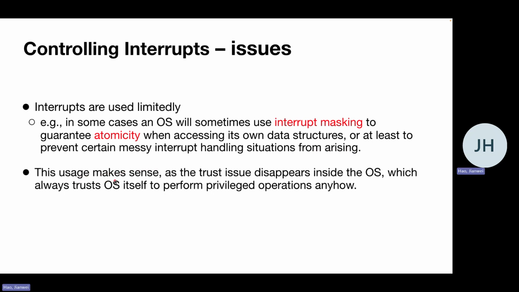This operation makes sense for the operating system because the trust issue disappears inside the operating system, since we always need to trust the operating system itself to perform the privileged operations.